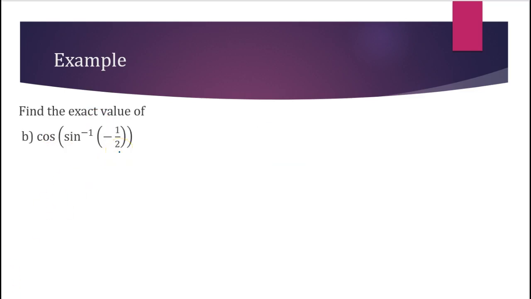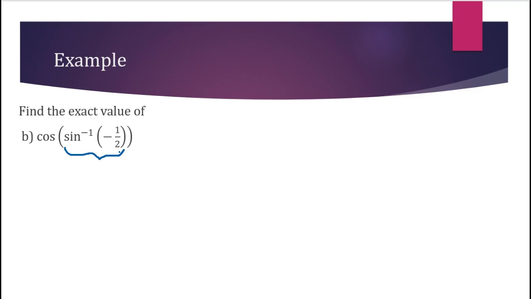Alright, in this next example, find the exact value of cosine of sine inverse of -1/2. So again, not the same trig function next to its inverse, so we have to think about another way. The best case scenario is if we can evaluate the inside function. So we work inside the parentheses first, and this is a value we can compute.